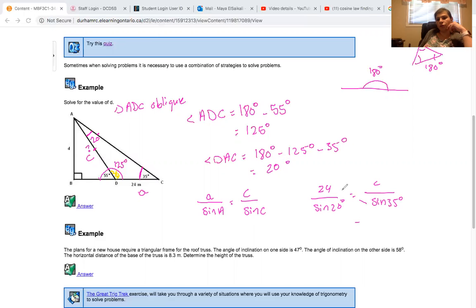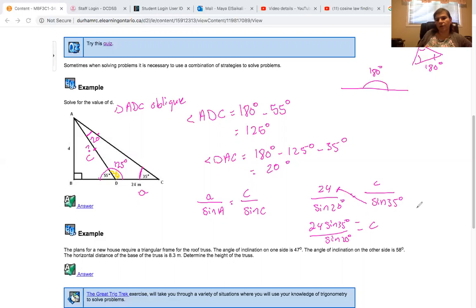So I'm going to do what we call the half cross multiply. So that's going to be 24 times sine 35 over sine 20. So 24 times sine 35 divided by sine 20.